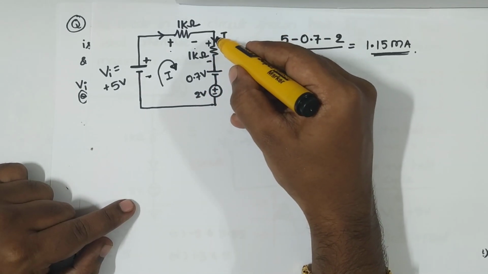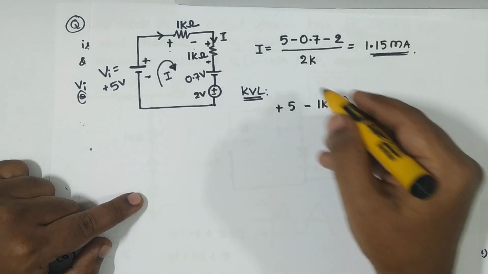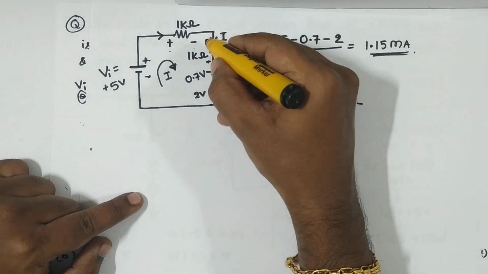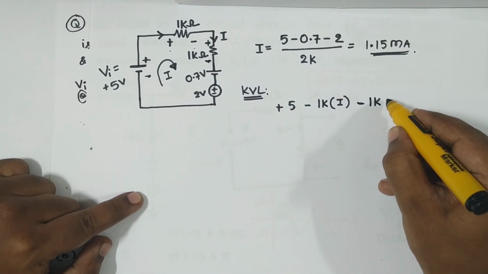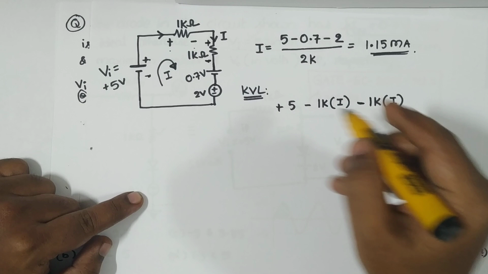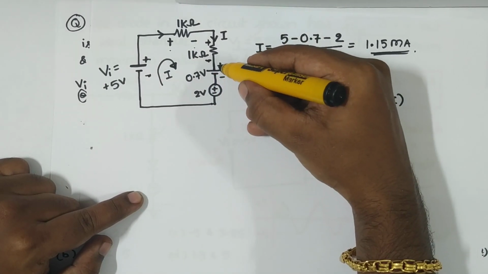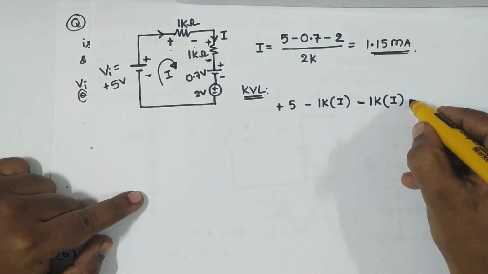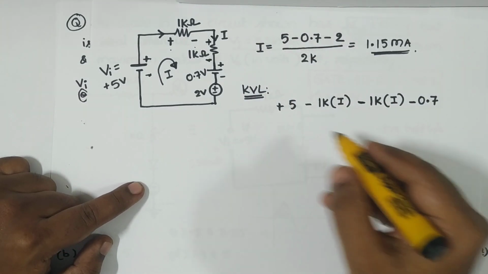See, now what happens here? Again I'm going from plus to minus, so the voltage drop across this 1 kilo ohm is again, as I'm going from plus to minus, losing something, so I'm taking negative: minus 1k multiplied by I. Again this is plus minus. Now current is entering at plus, leaving at minus, so assume losing something, so again minus 0.7 volt.